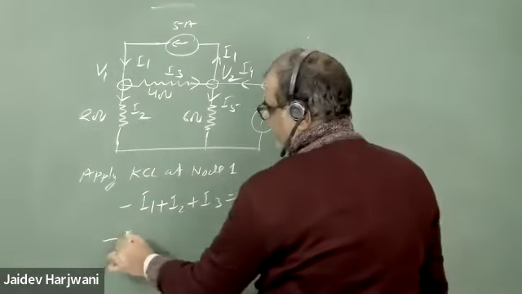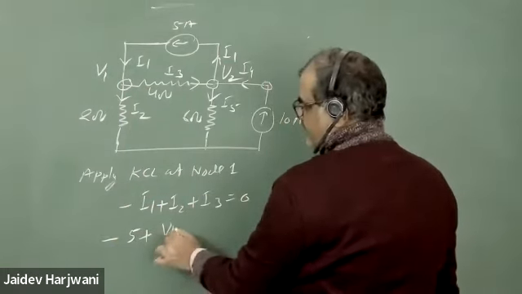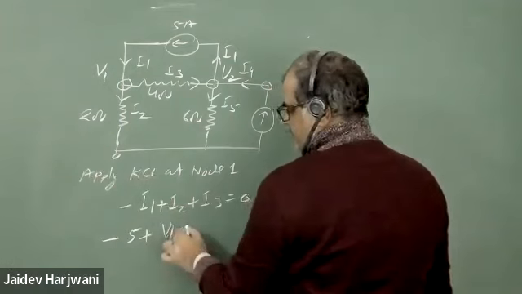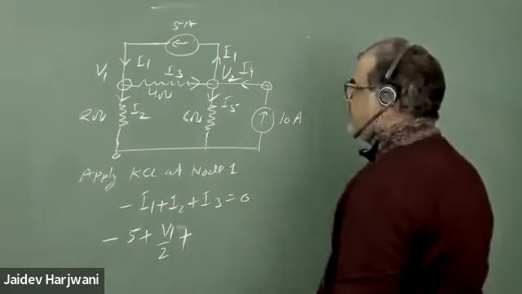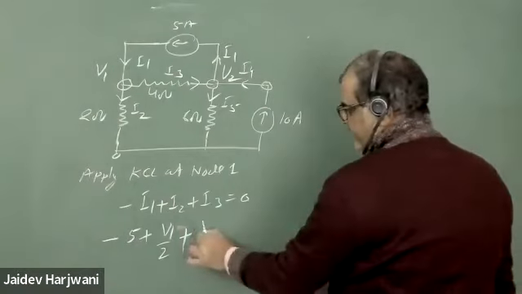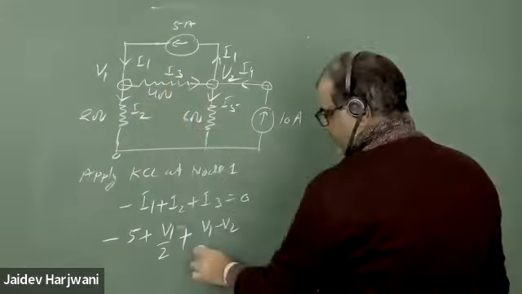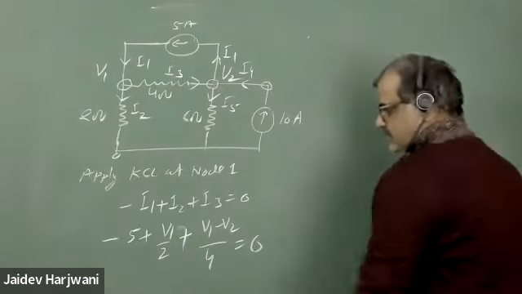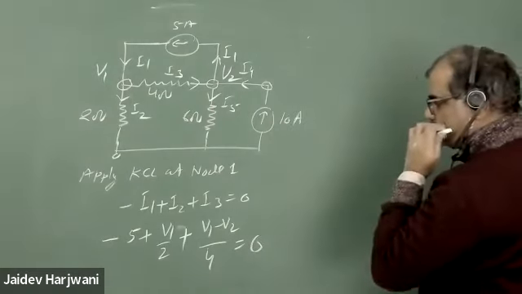I1 value is 5. I2 value is V1 minus 0 divided by 2, and I3 will be V1 minus V2 divided by 4 equals to 0. Okay, and solve this equation.